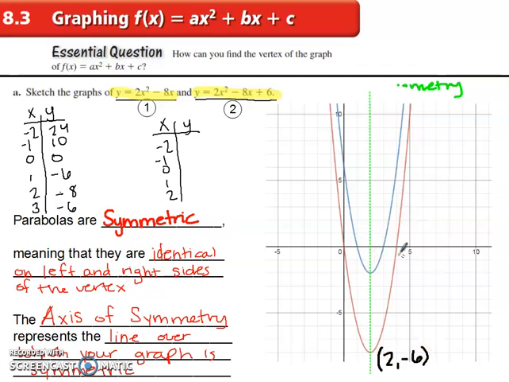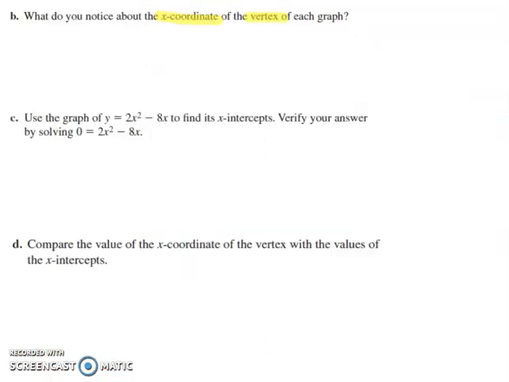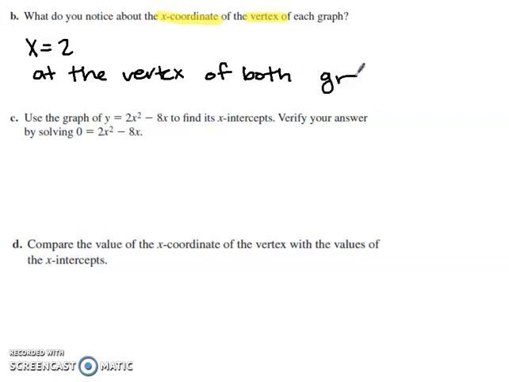And for my blue graph, I see that my vertex is (2, -2). So if I'm focusing on just the x value for both of these graphs, that x value is 2. So x equals 2 at the vertex of both graphs.